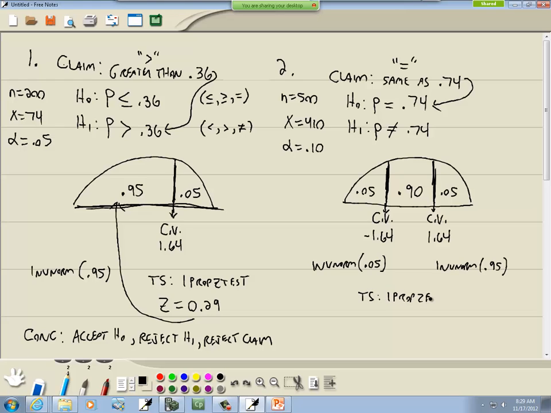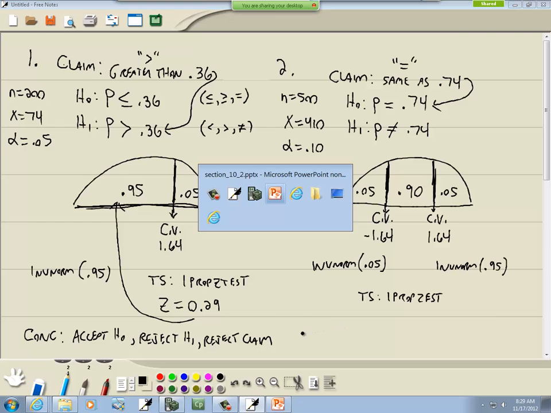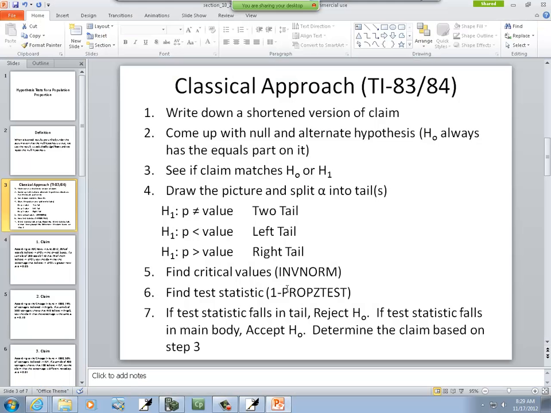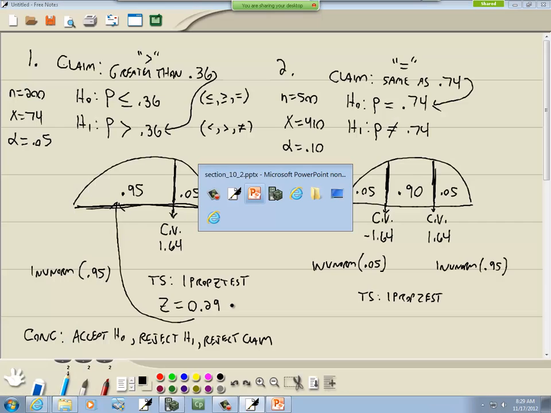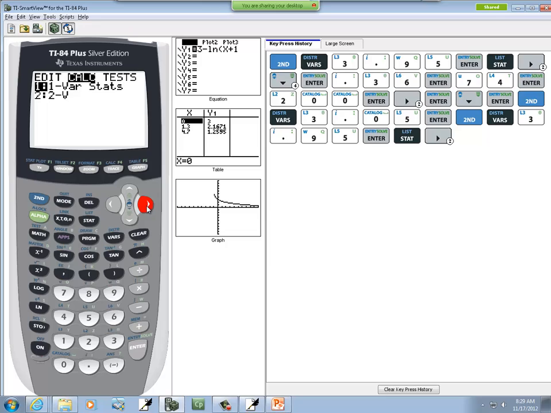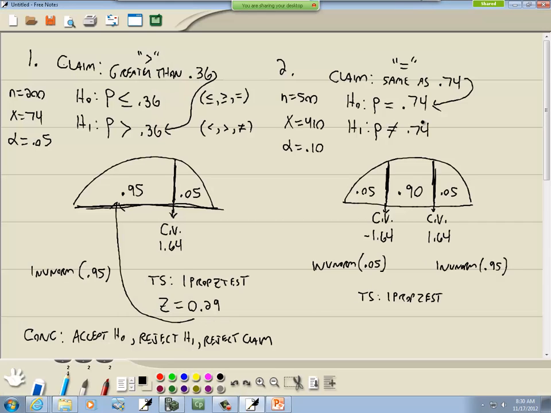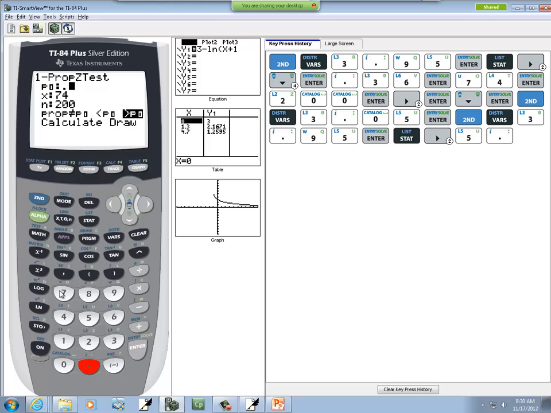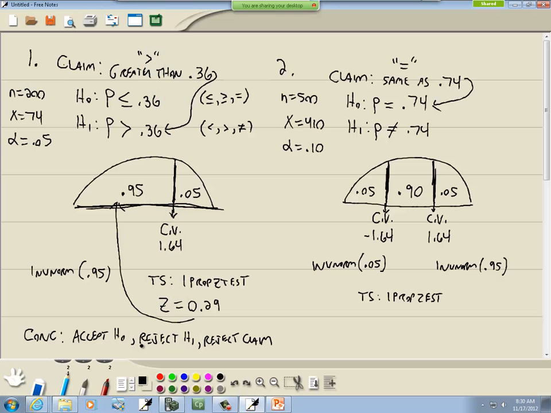Next step is to find the test statistic, and we use one prop z test. So I'll go to stat, go to tests, one prop z test number 5. P naught, that's the number off of our claim, off H naught H1, which is 0.74. It'll be the same number on all three. X is 410.